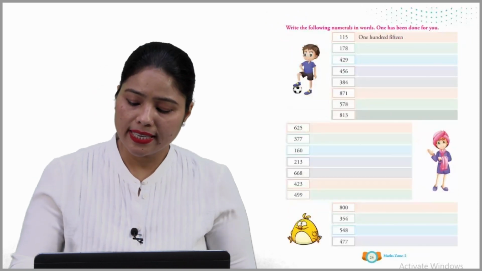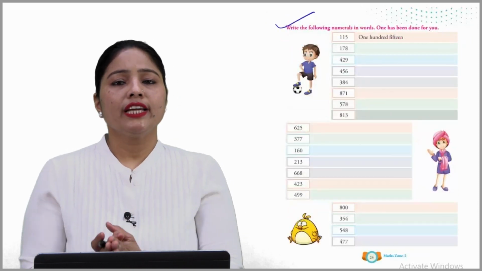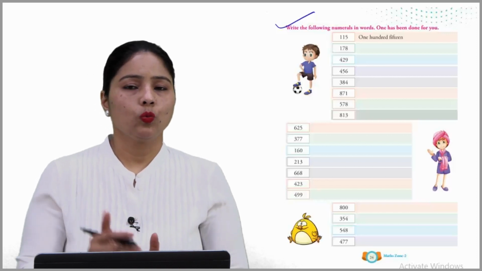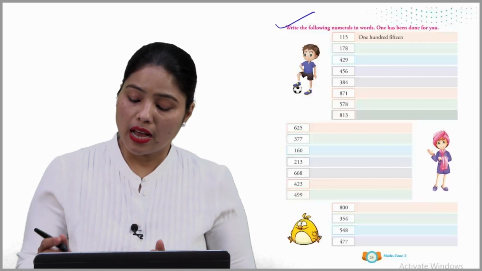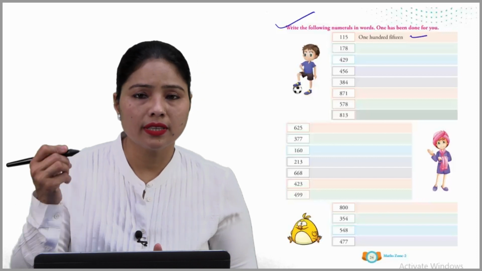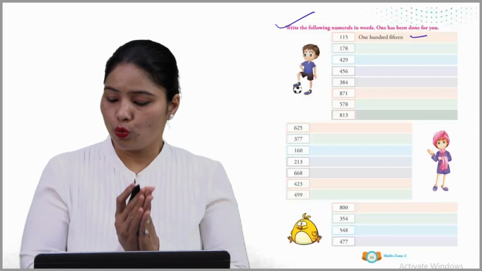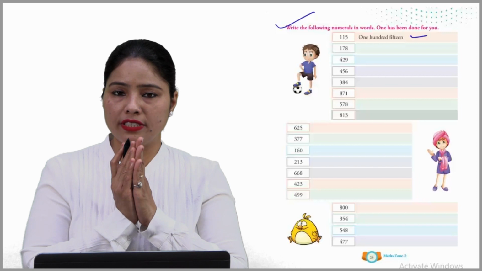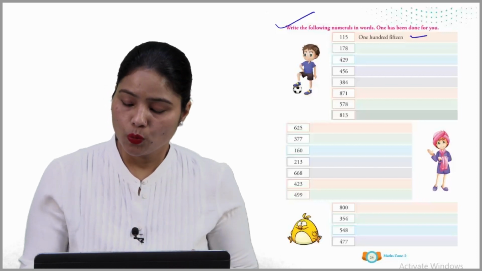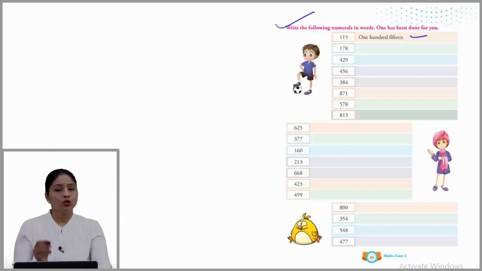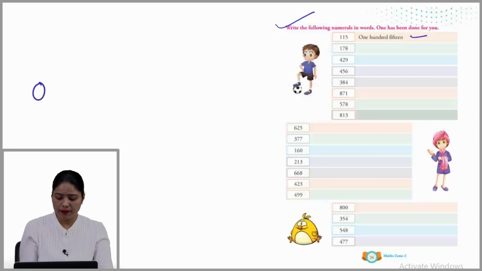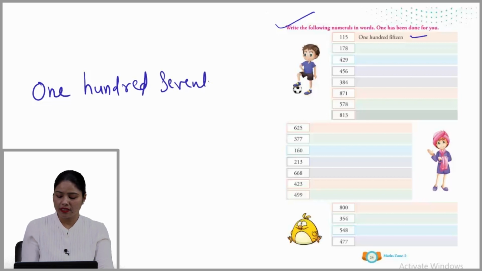Okay. So our next is write the following numerals in words. One has been done for you. Now what you have to do is write them in number names. So the first one is already given. So we just start with the second one. 178. So how will we write? 100, 170, 170 and 8.